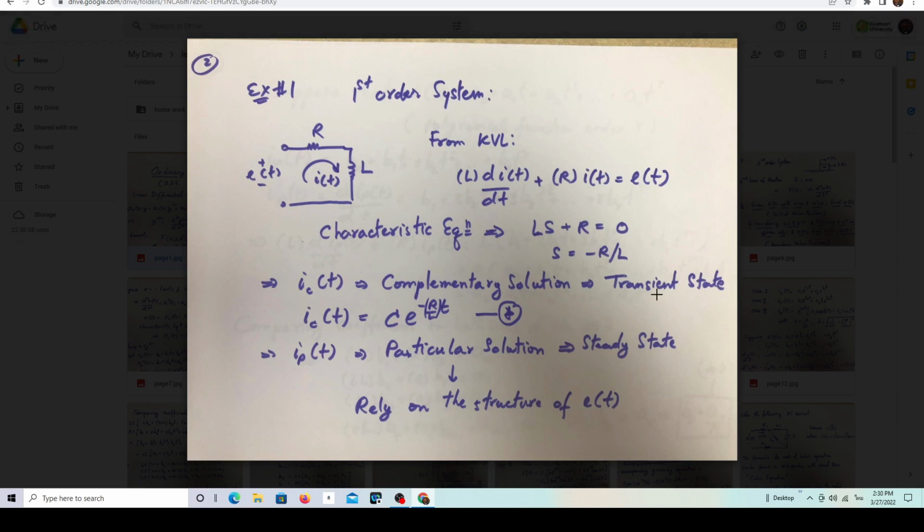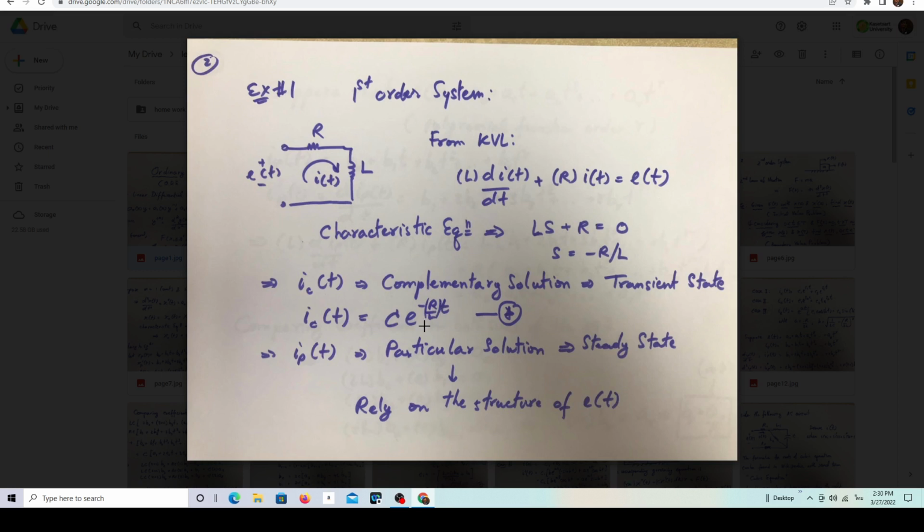In the engineering sense, we call this the transient solution or transient state solution. Since R and L are given constant values, we can expect that s is a real number. When the root of your characteristic equation is a real number, the general form of the complementary solution ic(t) is equal to a constant times e to the minus R over L times t.